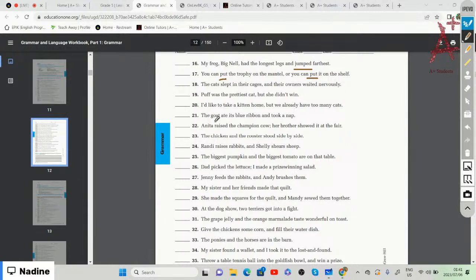"The cats slept in their cages and their owners waited nervously."